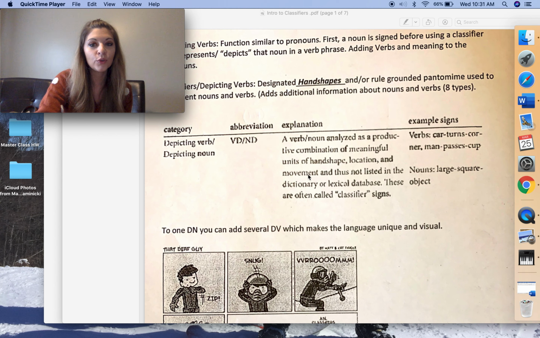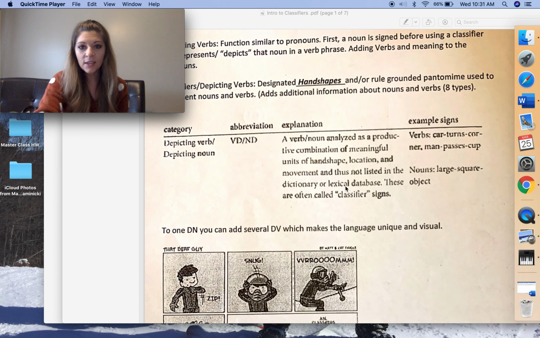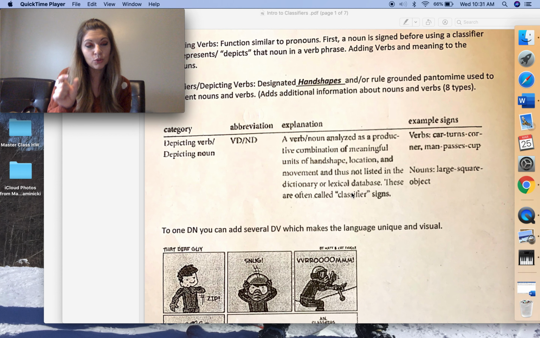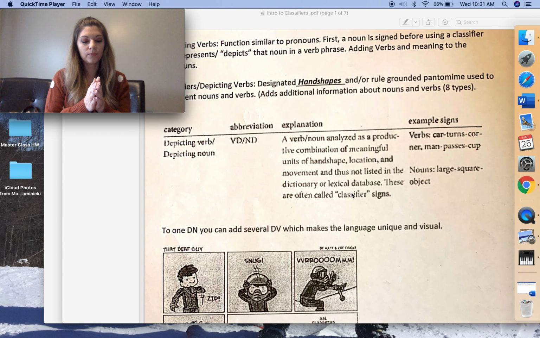So these are meaningful units of hand shapes, location, and movement, and thus not listed in the dictionary or lexical database because these tiny units are tacked on to the bigger aspect, creating new meanings. So you can't put them all in a dictionary because they can be added to anything.